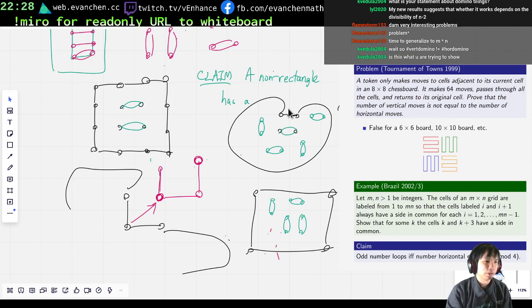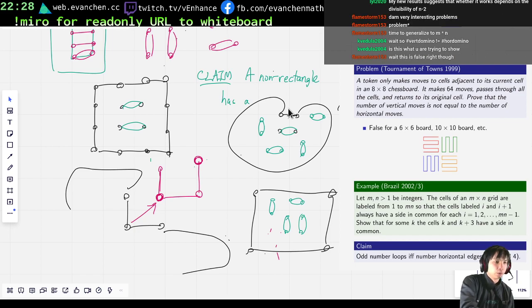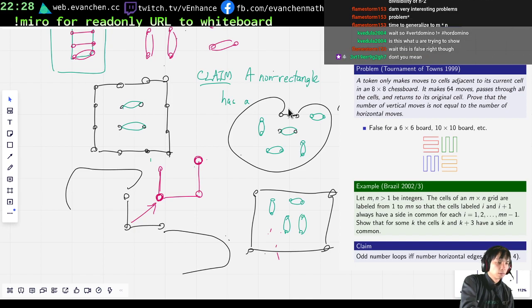So the problem statement boils down to showing that if I have a domino tiling of a 6x6 board, the number of vertical dominoes is equal to the number of horizontal ones. This is mod 2. Mod 4? No, they're dominoes, so once I divide out by the factor of 2, it's mod 2.